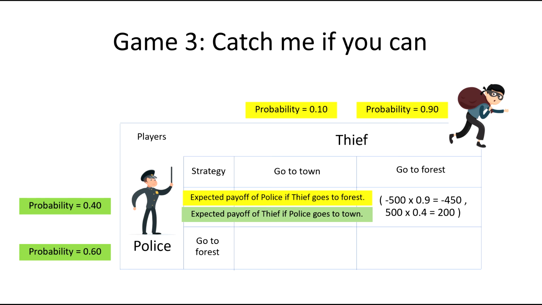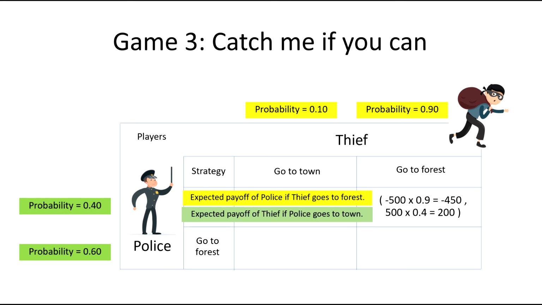Here is the secret of game theory: reading the mind of the other player. The thief reads the mind of the police. He knows that the police is somehow 50-50 to choose the town or the forest, but he knows that the police may place a higher weight on the forest.